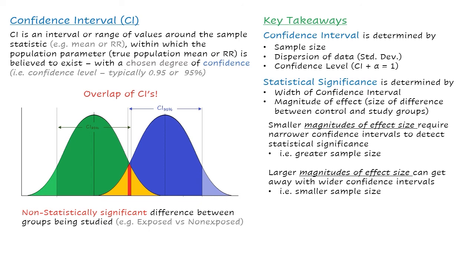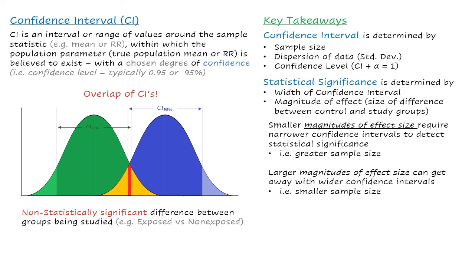But if the magnitude of effect is small, the confidence intervals will be closer together and more likely to overlap, resulting in a non-statistically significant result. This is why the expected magnitude of effect size is used by investigators to figure out how big their sample needs to be.